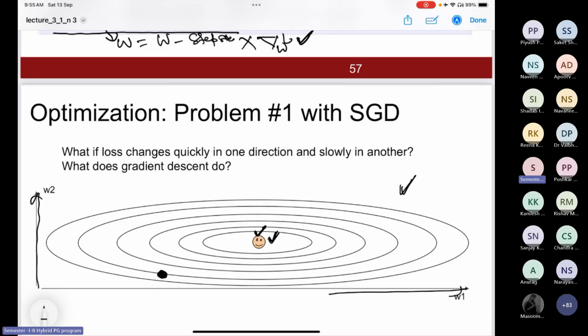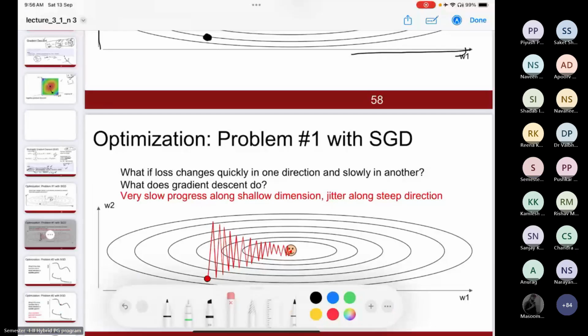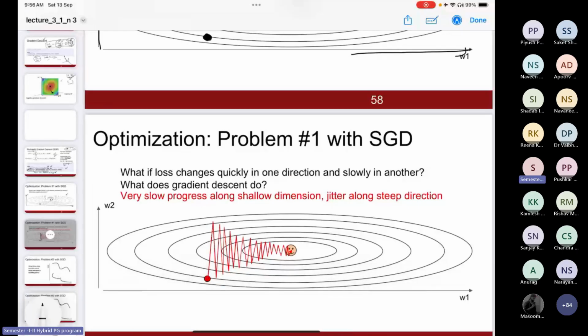And suppose you have only two values in your W. So you started from here, but you are going in this way. What does this mean? The goal is to reduce the loss. So whatever W you got, it has to reach here.